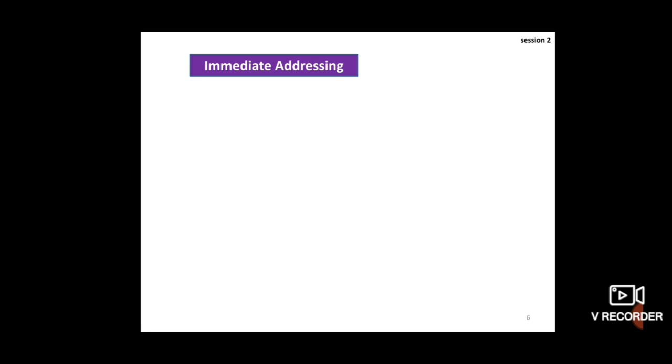Now next is immediate addressing mode. Immediate means immediately or instantly, that is, store the data immediately. 1 or 2 byte instructions are used for this type of addressing.